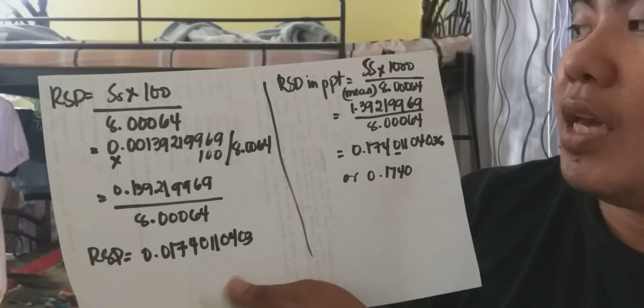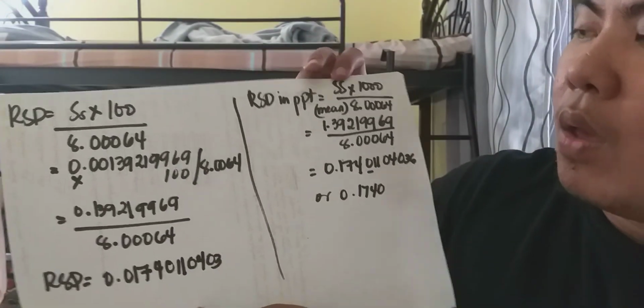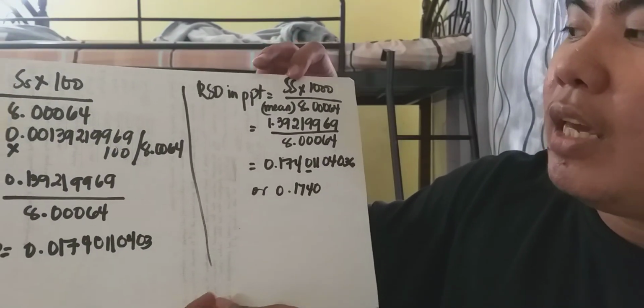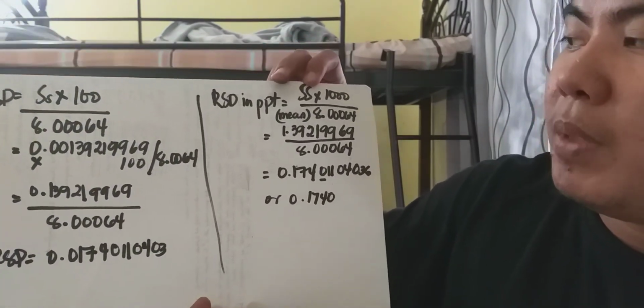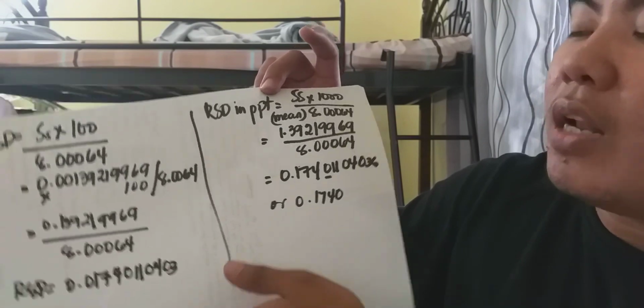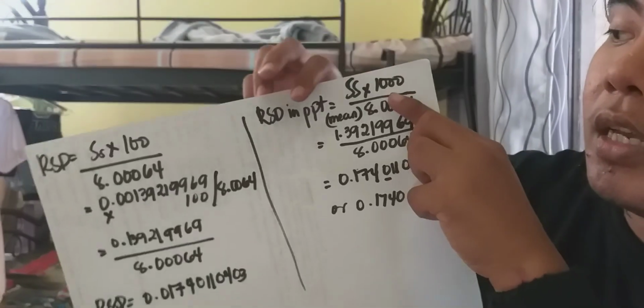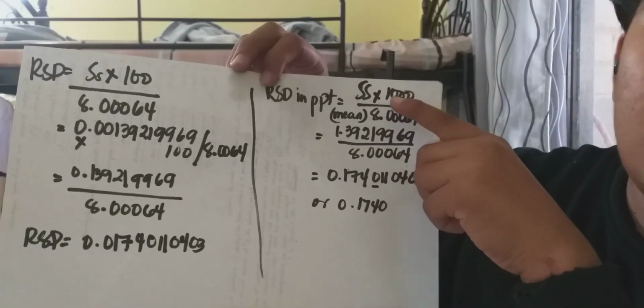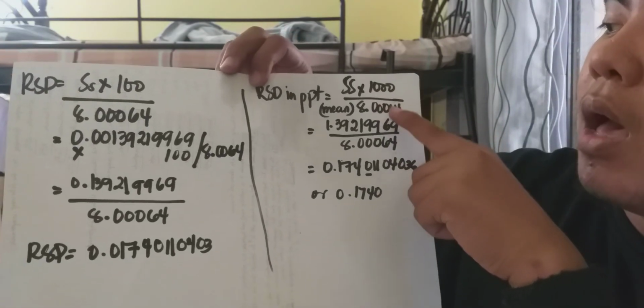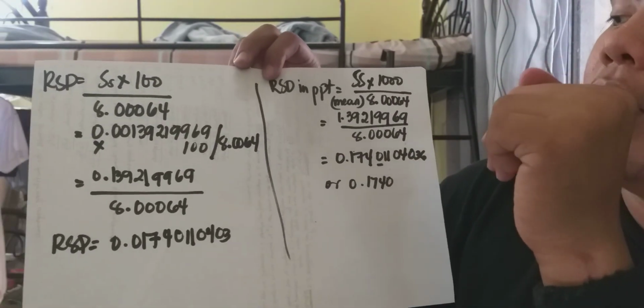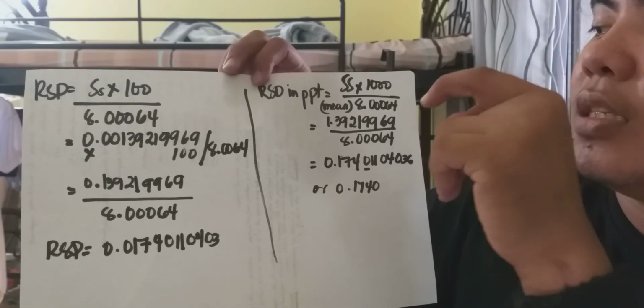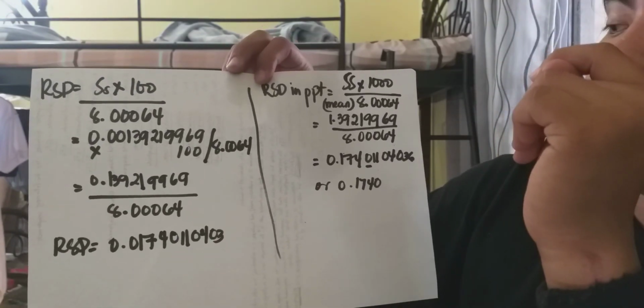but in ppt. So, we have here RSD, the relative standard deviation in ppt, equal to the standard deviation, our s from earlier, multiplied by 1,000 and divided by our mean, which is 8.00064.